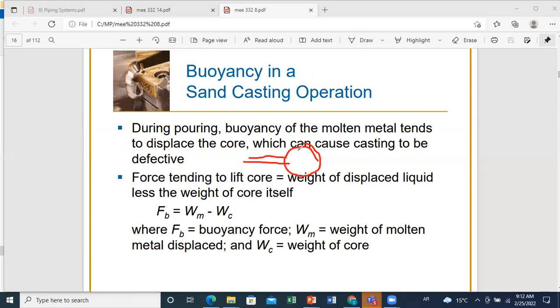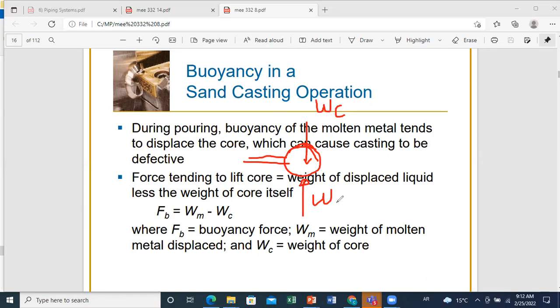And then when you fill your cavity, this core will be subjected to buoyancy effects, because you know from fluids that whenever you have a certain body immersed in a fluid and you want to study forces acting on it, you have the weight of the core and you have buoyancy effects that will oppose it, that will try to get it up.